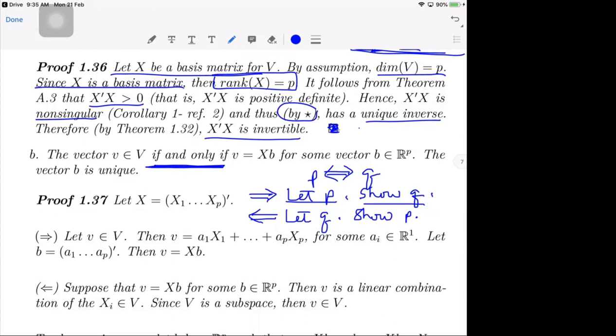In this direction, let P, then show Q. In this direction, let Q, and then you show P.